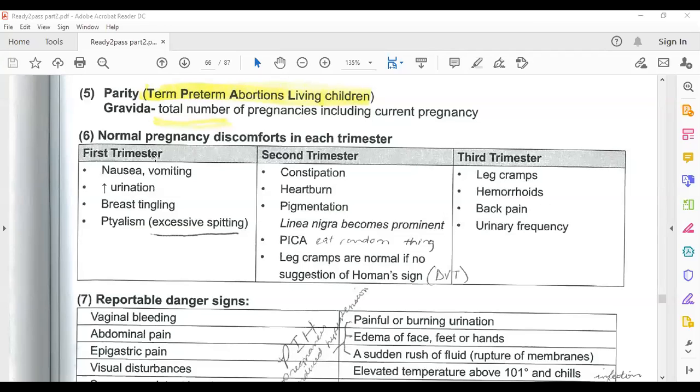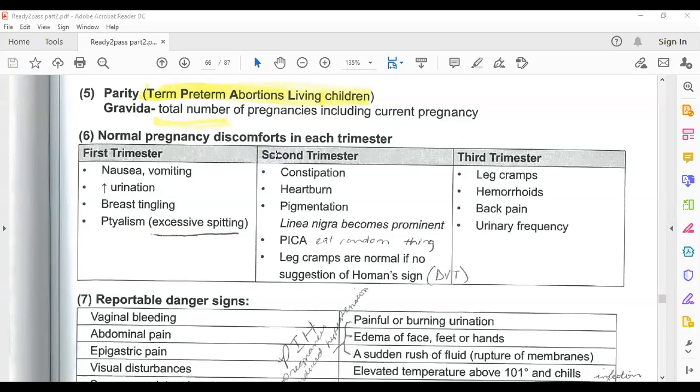So here are the normal pregnancy discomforts in each trimester, right? Basically these are discomforts for the mother, but they are expected and a normal sign.